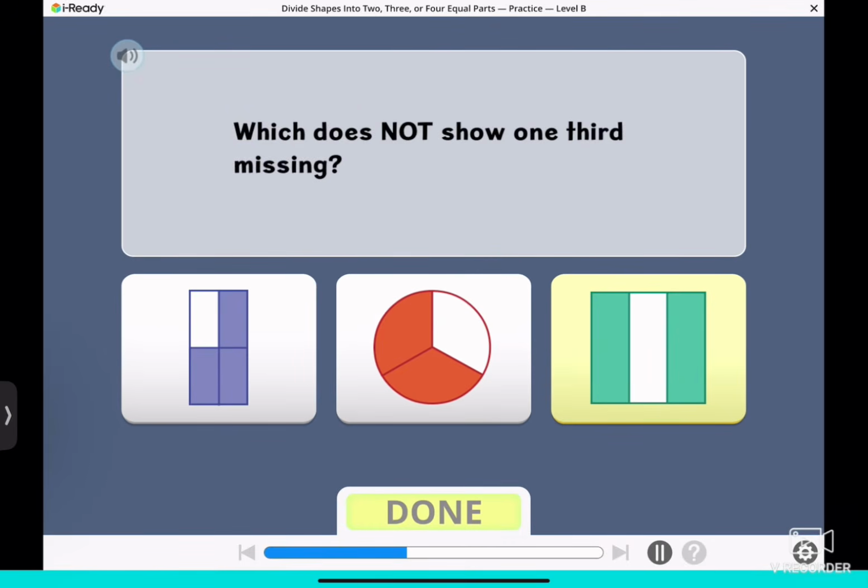Remember, you need to choose the answer that does not show 1/3 missing. Try again. High five! This shape has 4 equal parts, so it does not show 1/3 missing.